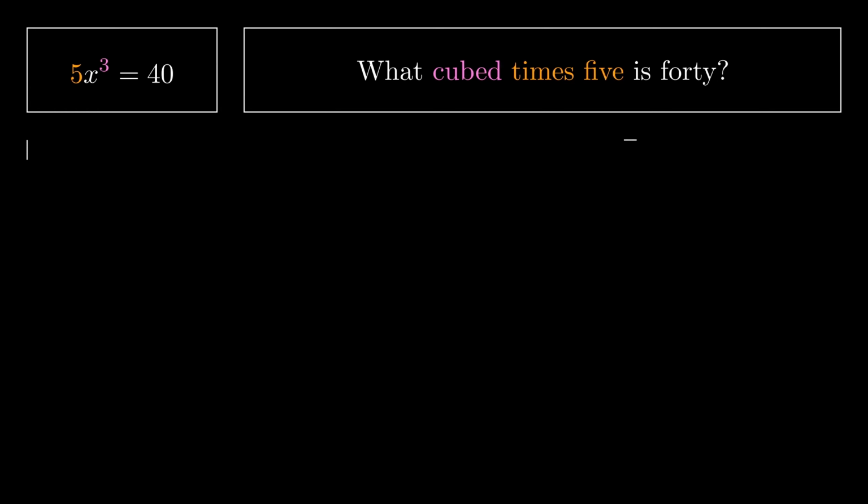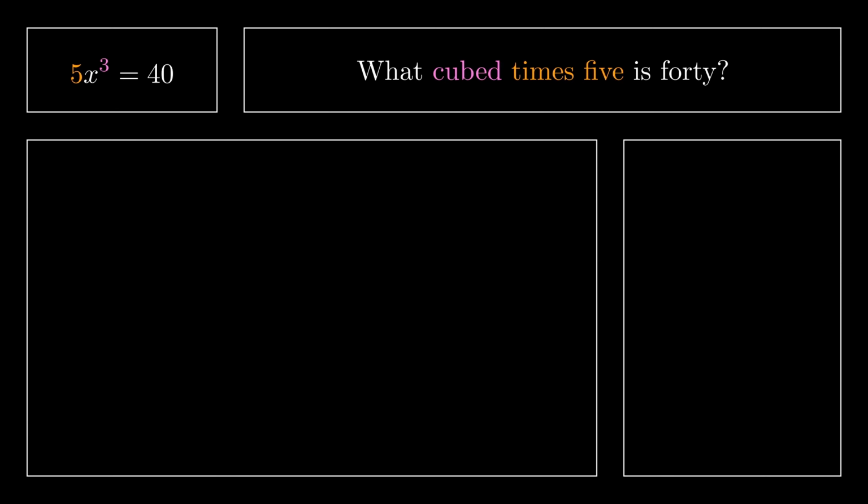So let's set this up. According to this equation, we start with some number. If we start with some number and we cube it, and then we multiply it by 5, we will end up with 40. So even though we are working with a new operation here, the principle is the same. Invert and reverse.